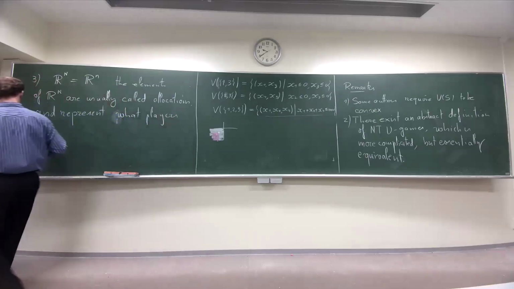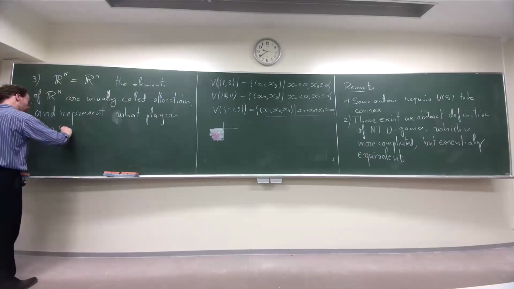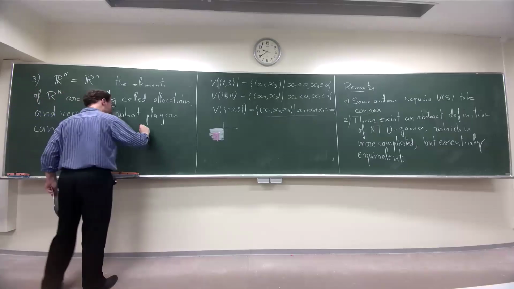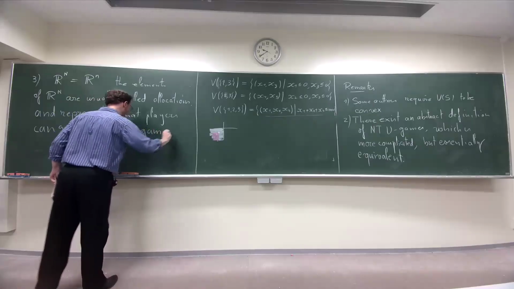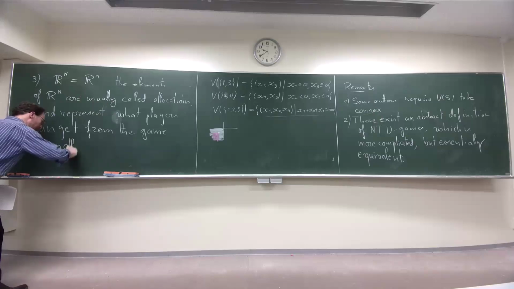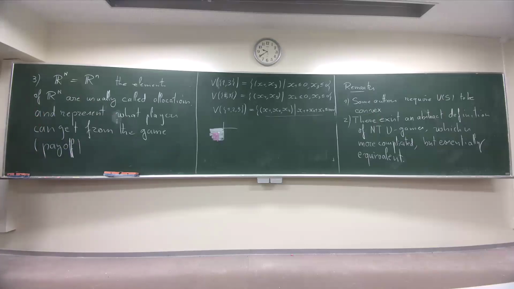what the players can get from the game. So this is what so far we call the payoff. So these numbers correspond to the payoff. I suspect that sometimes it's slightly different from the payoff, but in most applications, the points in Rn are what the players can get, so this is a payoff.